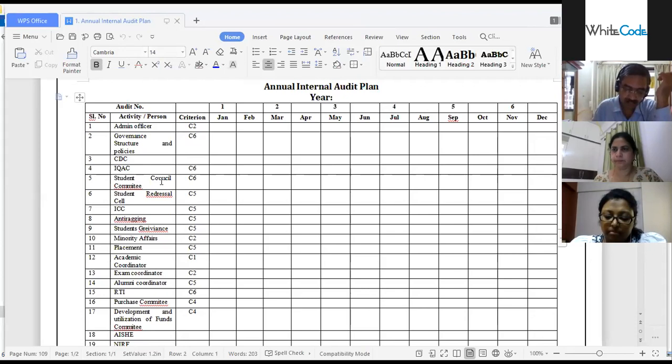So when admissions are over, if the admission process is audited, we will be able to understand the problems there itself, which we otherwise don't. When we had a talk 2 days ago, madam, I missed telling you that the way we work it out is not the right way.